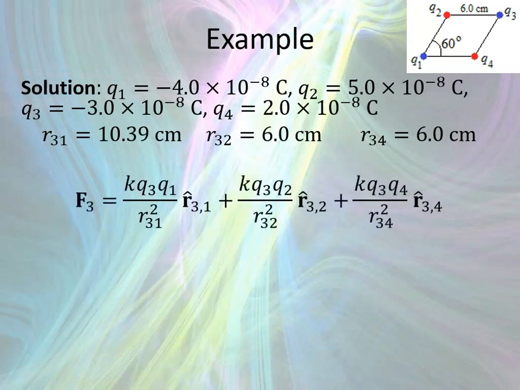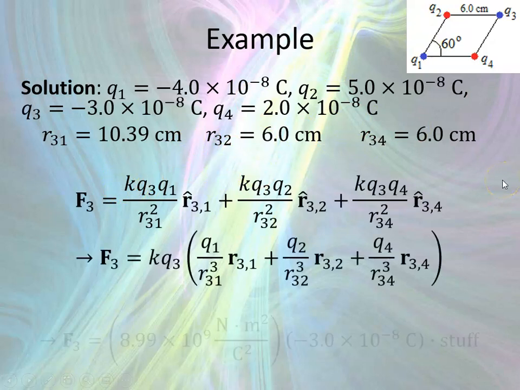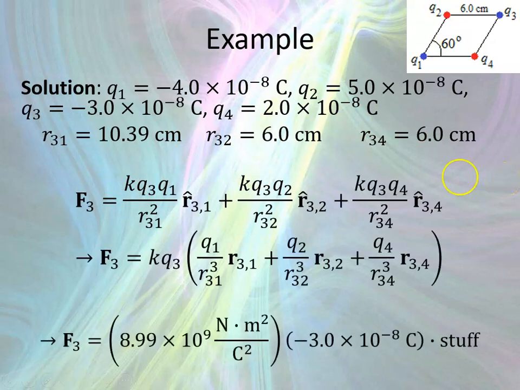So, first of all, we have a KQ3. We're going to factor that out, and then we can actually just plug in our K and our Q3. But that's going to be multiplied by a whole bunch of stuff. Now notice that after I factored out my KQ3, I rewrote each of my unit vectors as the actual vector.